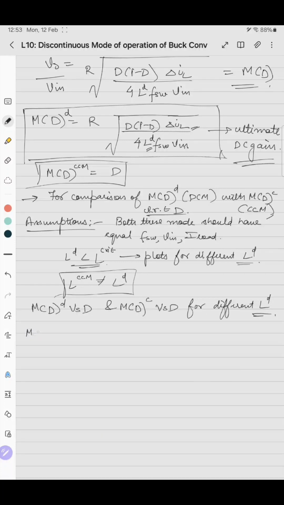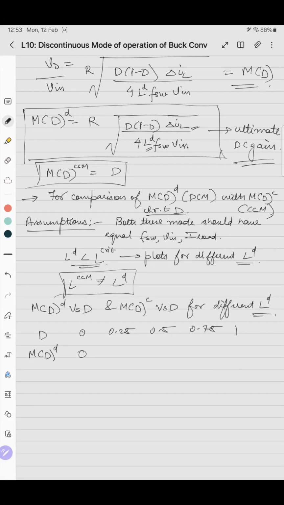So I'll just quickly draw a table: D, and this is M of D, for D = 0, 0.25, 0.5, 0.75, 1. It will be 0 at D = 0. For D = 0.25, it is 1 by 4 into 3 by 4, so it will be 3 by 16, under root it is root 3 by 4.